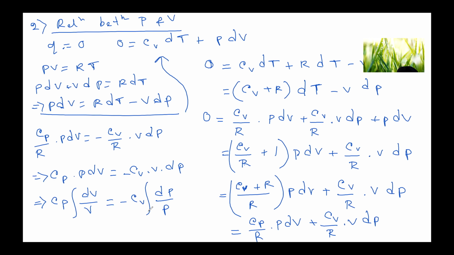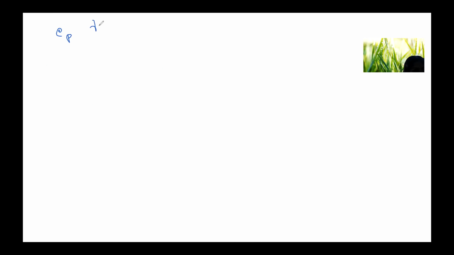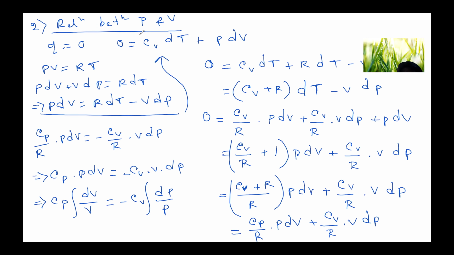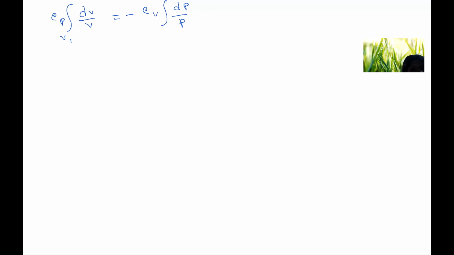Let me write this over the next page. Cp dV by V equals negative Cv dP by P. So we'll integrate this on both sides, V1 to V2.